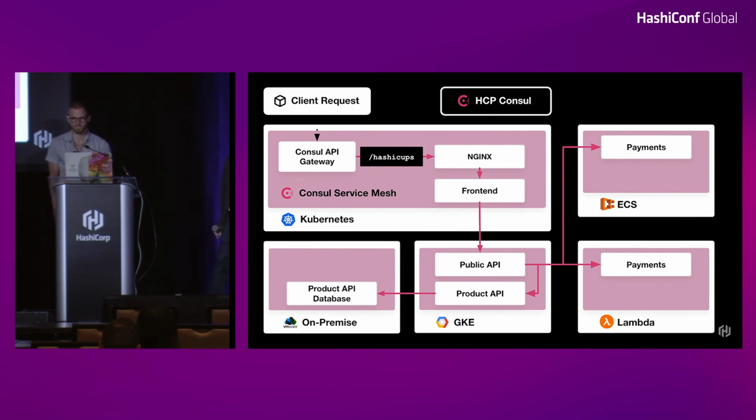Yeah, this was a theoretical slide, but essentially HCP Consul would still be the main control plane for this. Then you'd have, like we had in EKS, these Consul clients on each of the different Kubernetes nodes, and those would be able to pull things into the mesh.